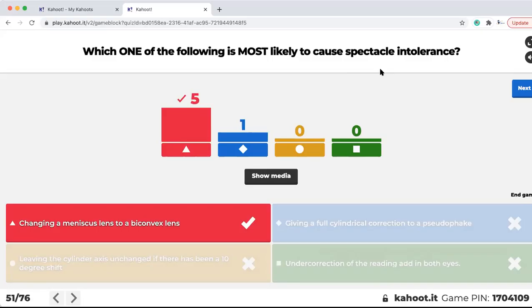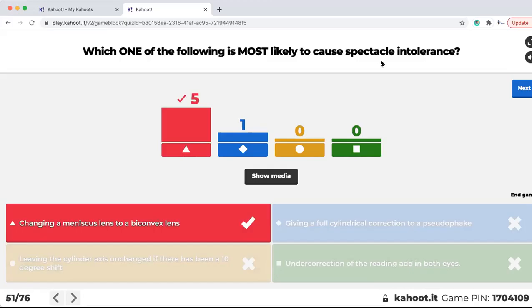But the reverse is true, meaning that overcorrection of the reading in both eyes will cause spectacle intolerance. And why is that? We mentioned that before, that if the patient is having overcorrection for the reading, then this patient will not use his reserve accommodation, and this will result in lack of stimulation of accommodation convergence reflex.